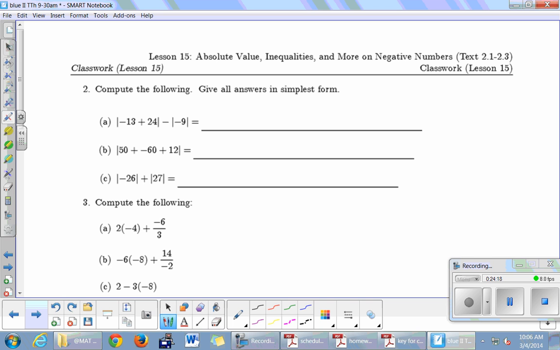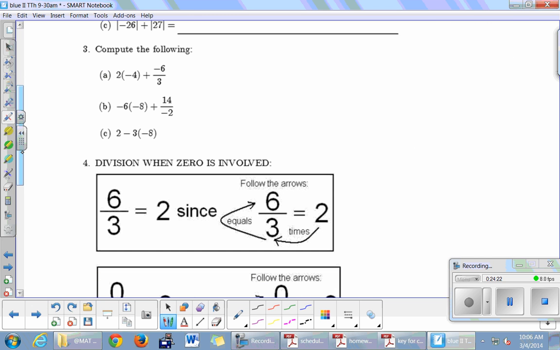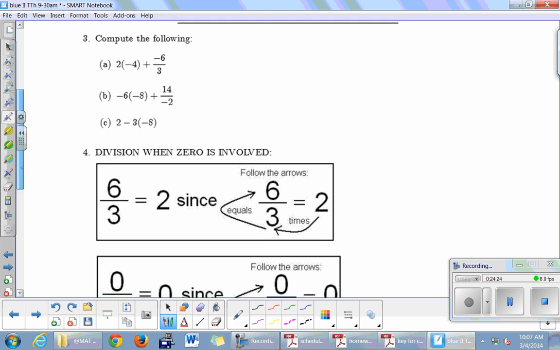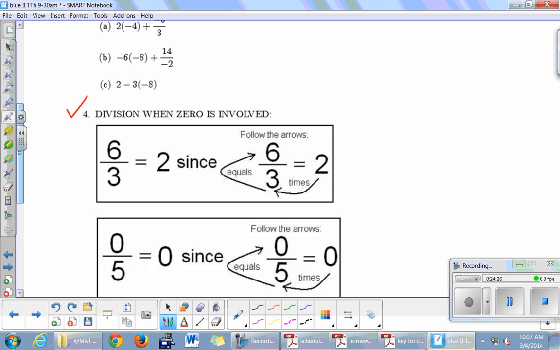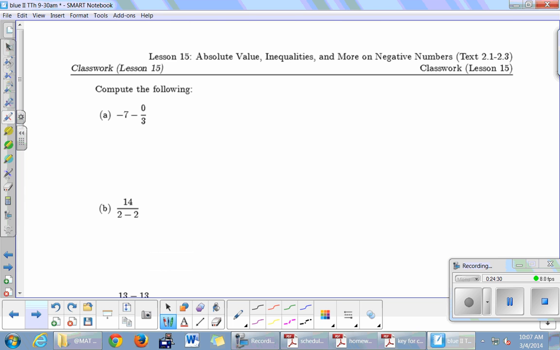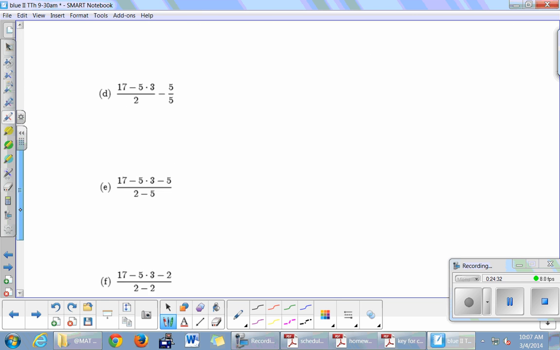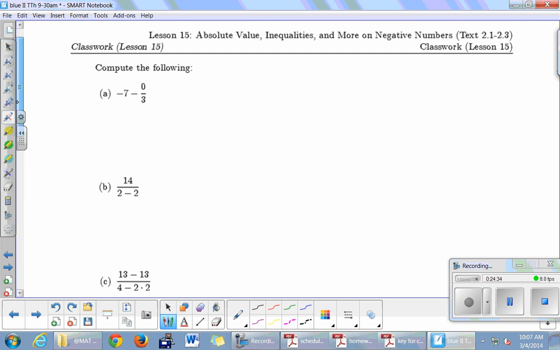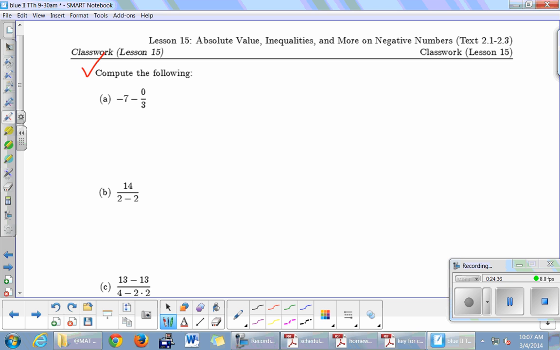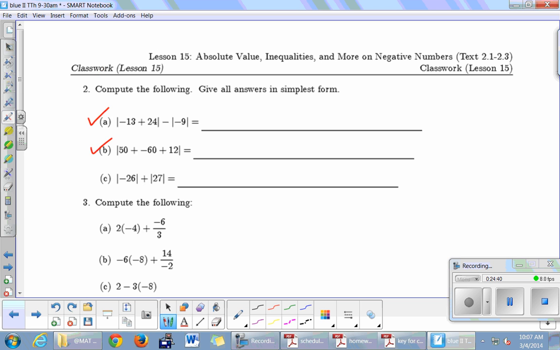So do 2A and B, skip over number 3, and read number 4. It's just factual information for you. Then do as many parts on the next page until I say stop, okay? I'll put the flags out, raise them if I can help.